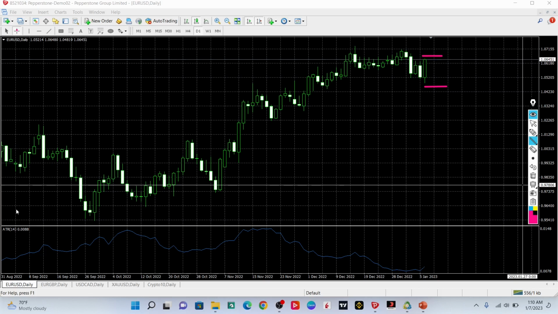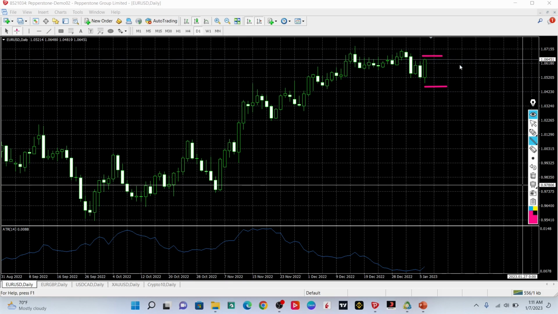So you have to multiply the ATR by 1.5 so that you place your stop loss at least 1.5 of the average true range of the previous 14 candles. You can place it at 2 times the ATR reading, but at least it should be at least 1.5 of the ATR.